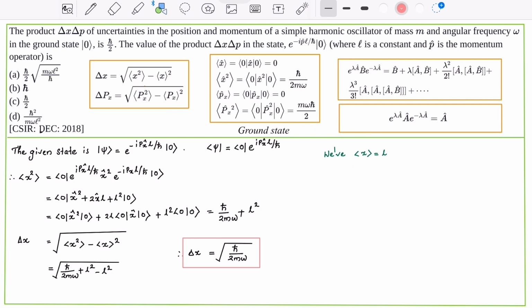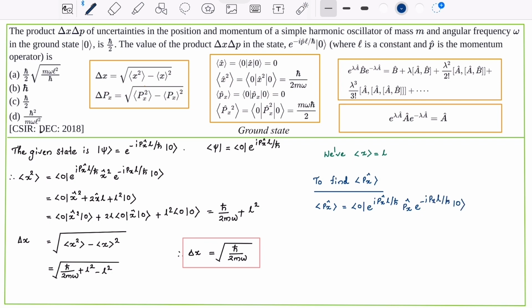So first of all, we have to find out what is the expectation value of px. Expectation value of px is ⟨0| e raised to ipx L by h bar, then px e raised to minus ipx L by h bar |0⟩.